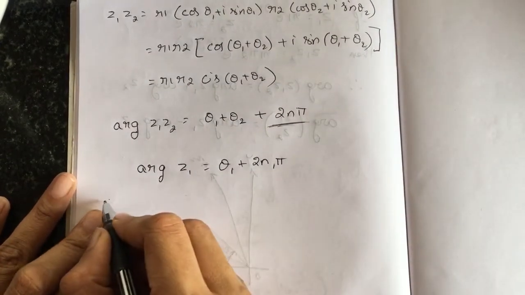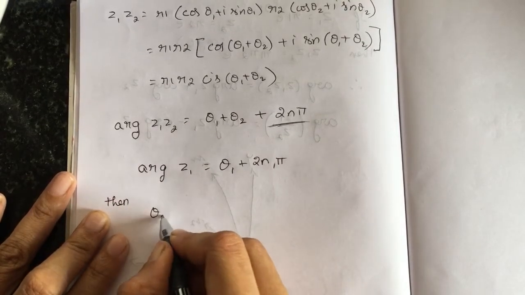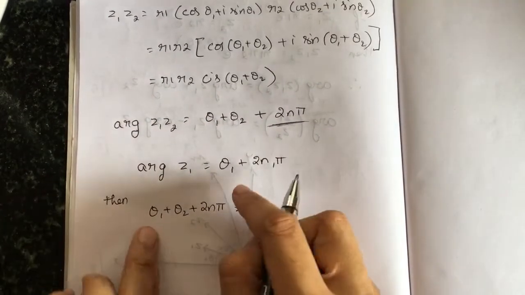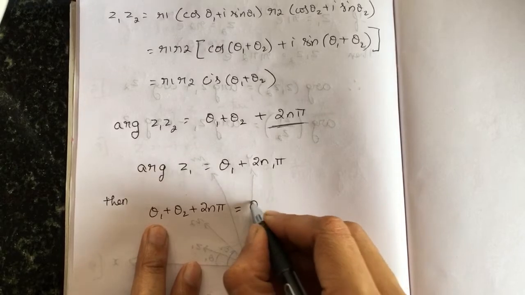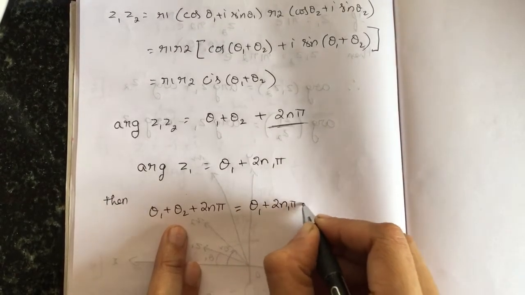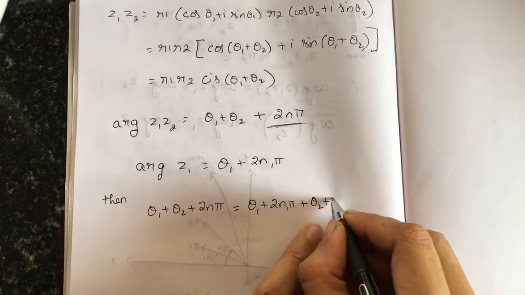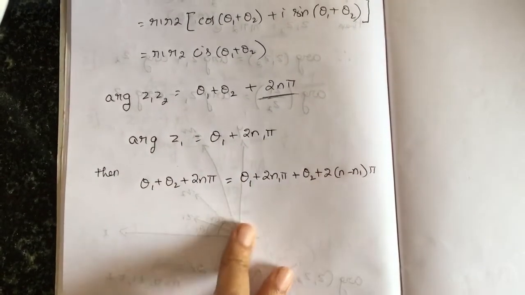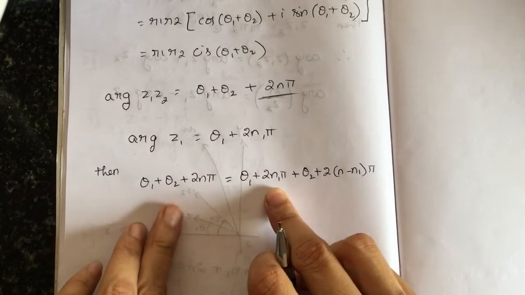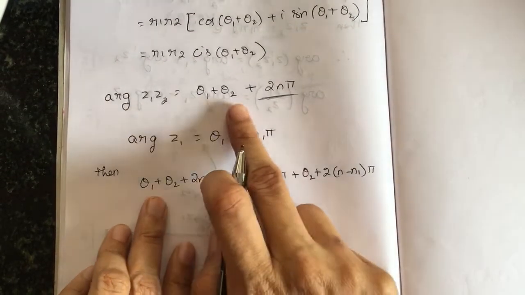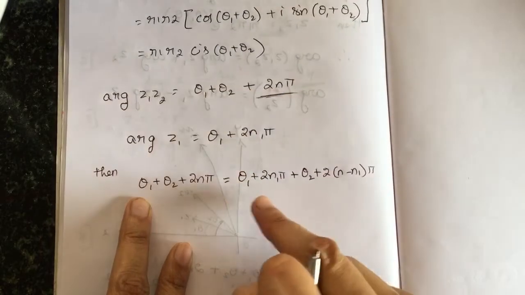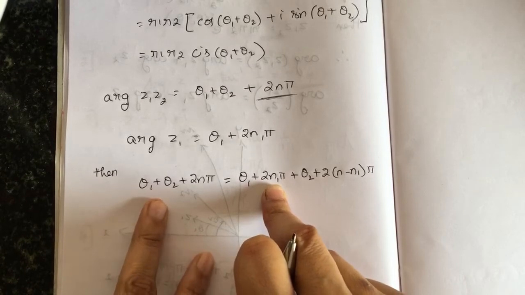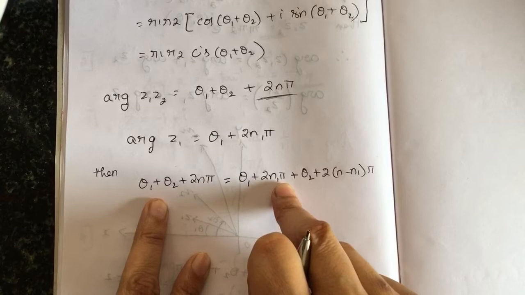So when I have written like this, theta 1 plus theta 2 plus 2n pi, this part I can write as theta 1 plus theta 2 plus 2 into (n minus n1) pi, which is extra that I'm removing. I'm writing theta 1 with respect to a particular value of n, so theta 1 plus 2 n1 pi, but this is extra I'm taking, no?